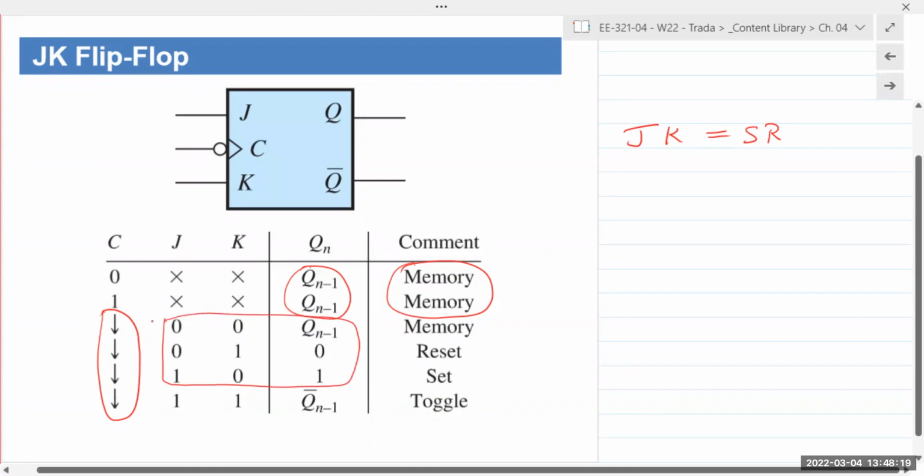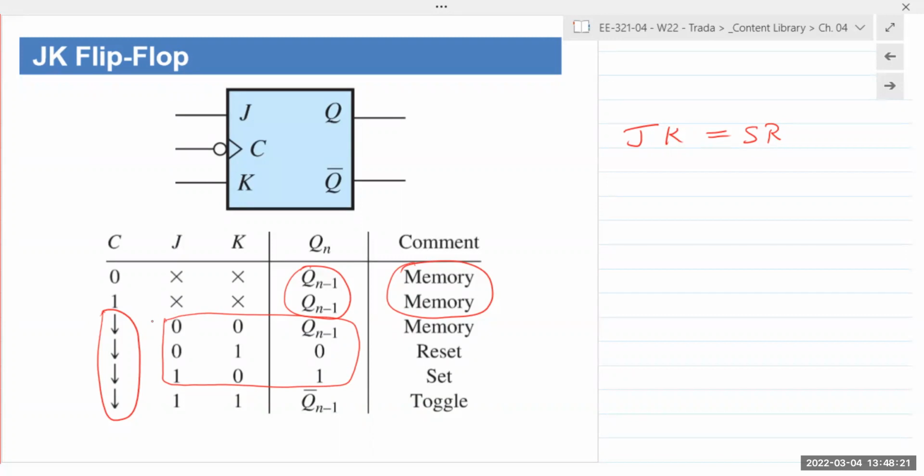You apply J as 0 and K as 1, your output is reset. You apply J as 1 and K as 0, your output is set to 1. In an SR flip-flop, it's exactly the same. S equal to 0, output 0; S equal to 1, output is 1. The uncertainty was when both S and R are equal to 1 at the same time.